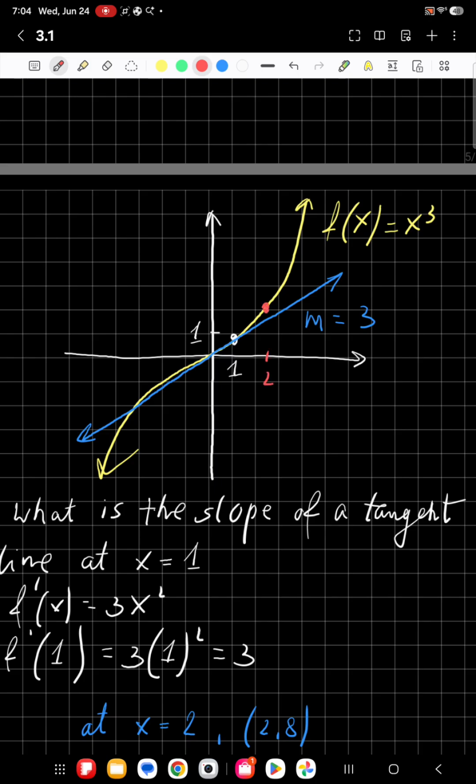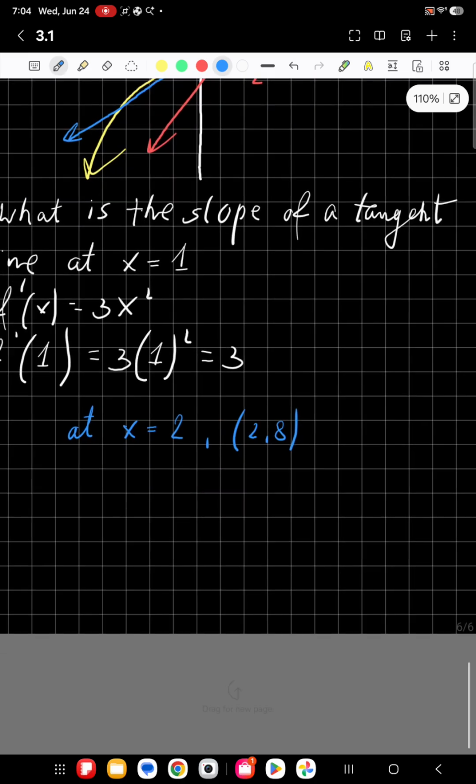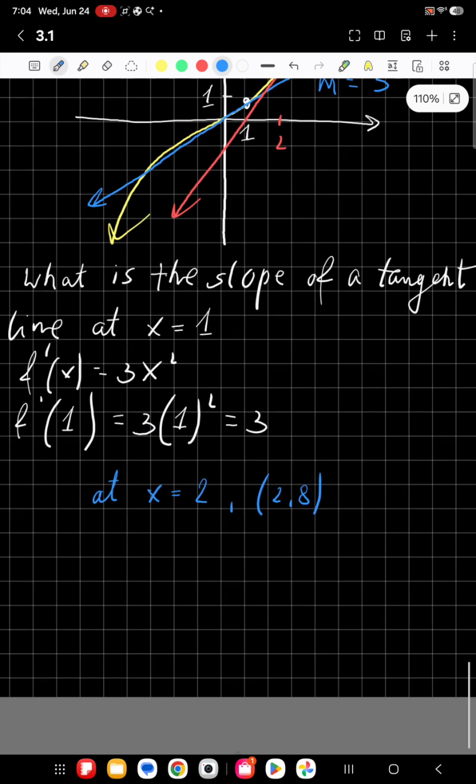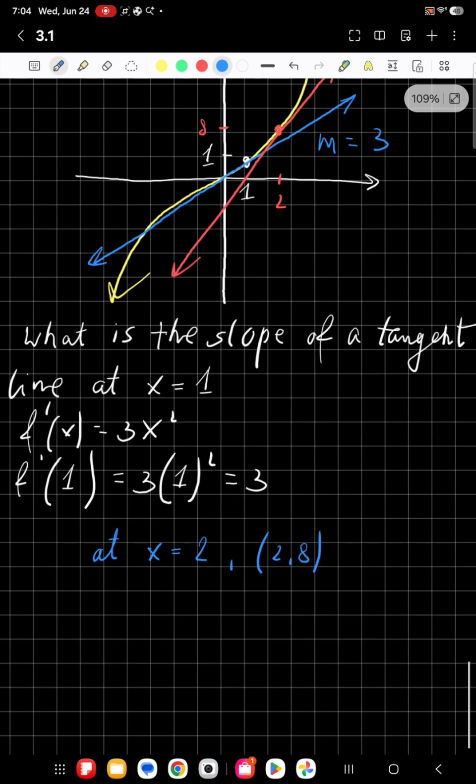Okay, 2, 8. And then we have the tangent line like this. Right, so let's see what that is going to be. Again, I'm taking the formula for slope, which is 3x squared.